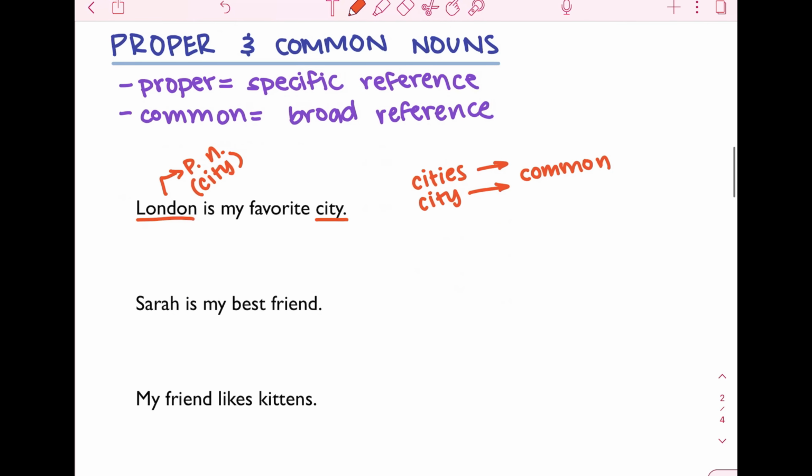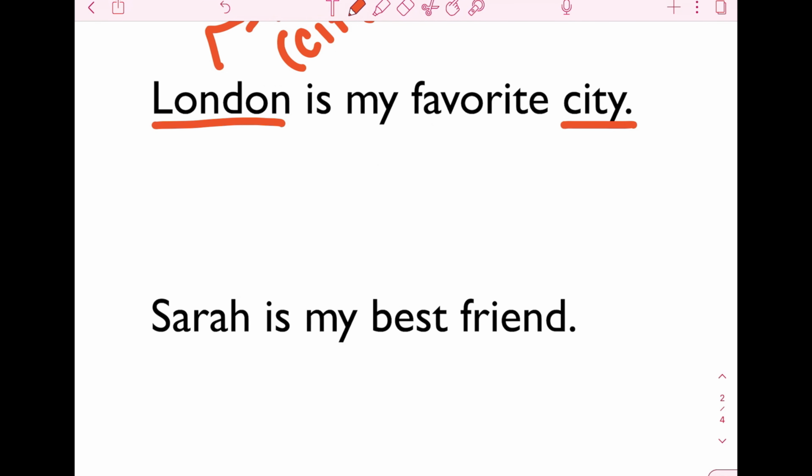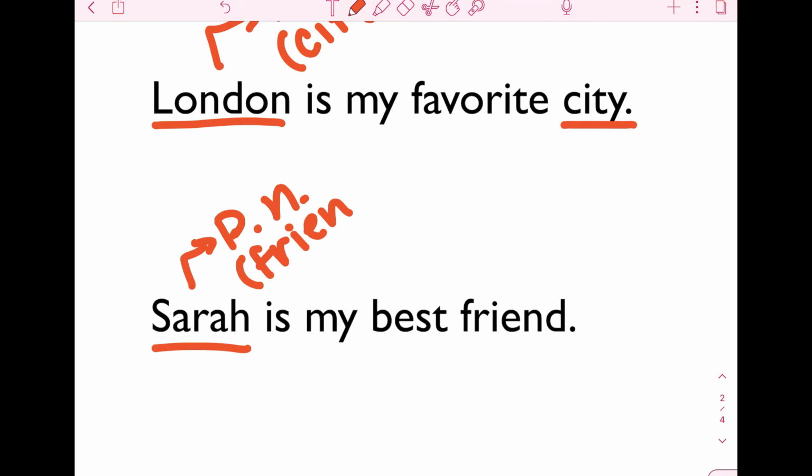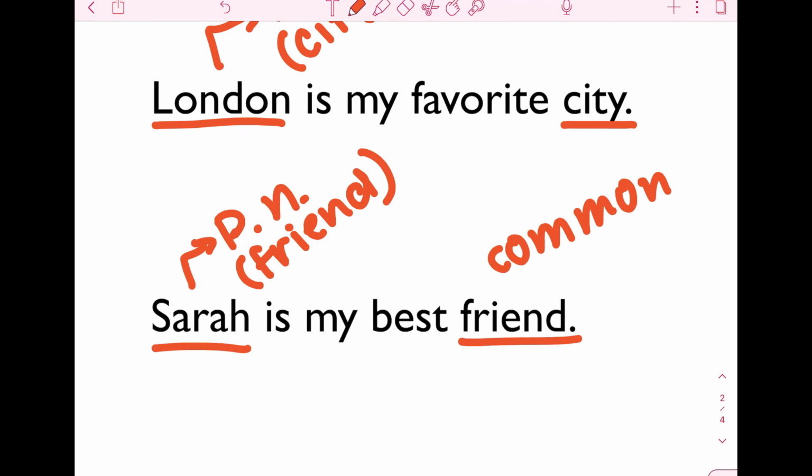So next up, Sarah is my best friend. Sarah is a very specific reference to a very specific friend. So Sarah is going to be a proper noun, and we're describing our friend here. Now, friend in this case is going to be a common noun, because friend is actually not a specific noun. It is just pointing to a friend, whereas Sarah is the proper noun.